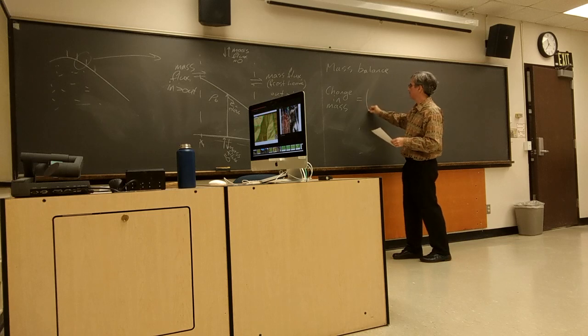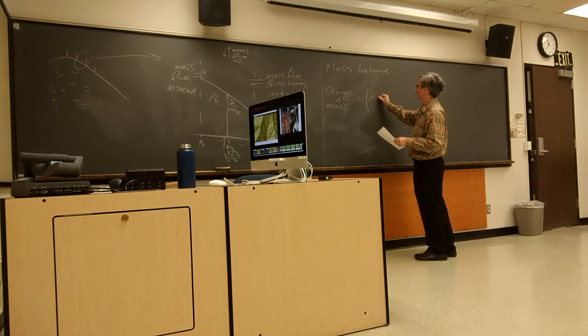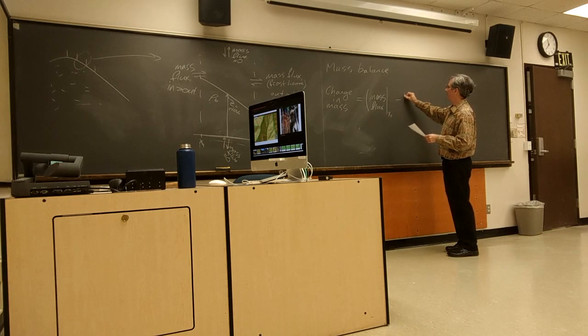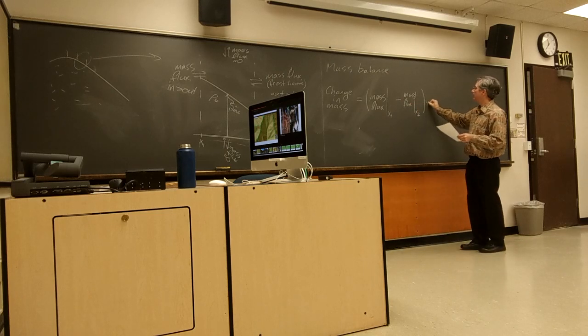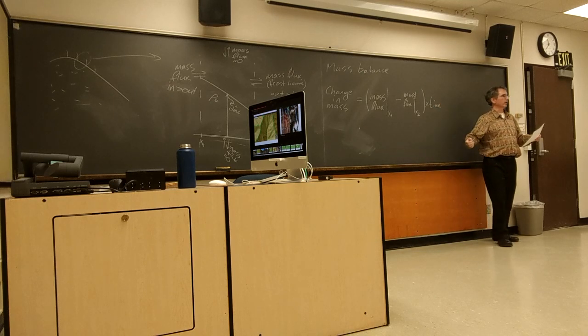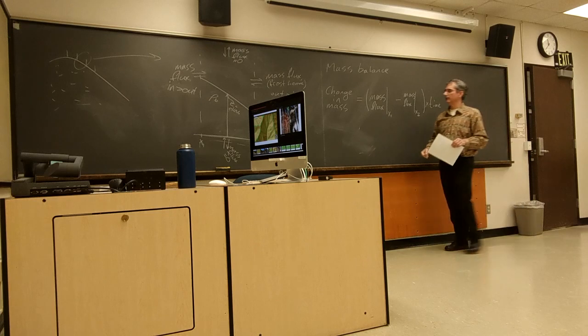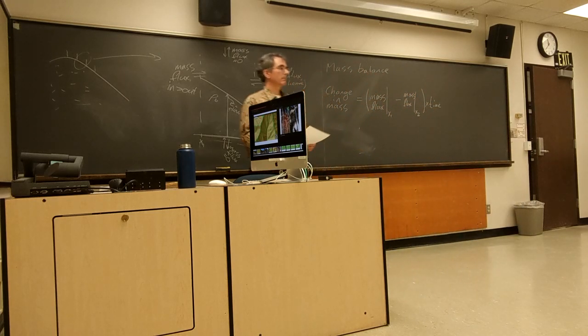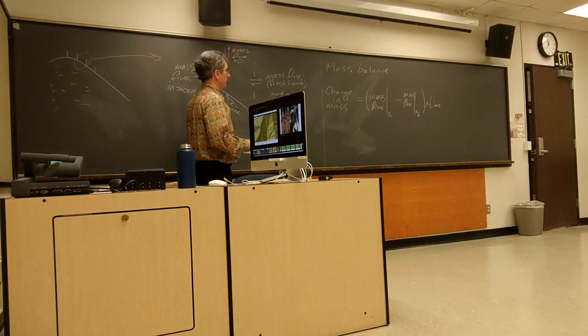So my change in mass is going to be my mass flux at x1 minus my mass flux at x2, and then multiplying by whatever increment of time I want in order to figure my change in mass. And that's just very simple mass balance.